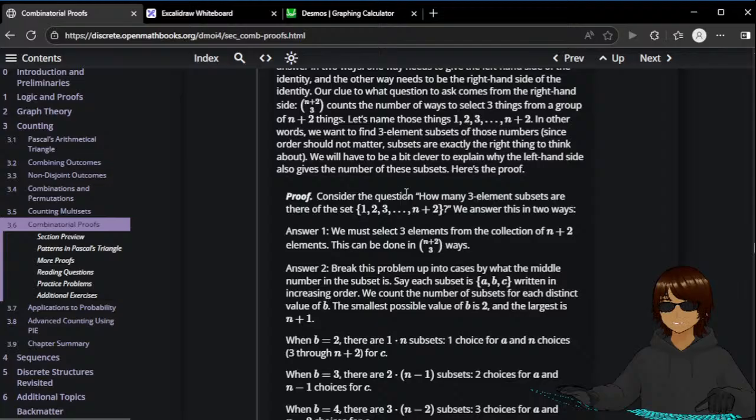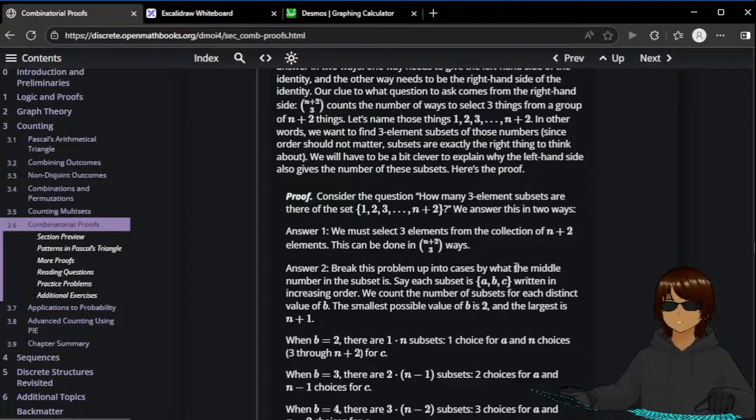Consider the question, how many three element subsets are there of the set 1, 2, 3, all the way to n+2? We answer this in two ways. We must select three elements from the collection of n+2 elements. This can be done in n+2 choose 3 ways.